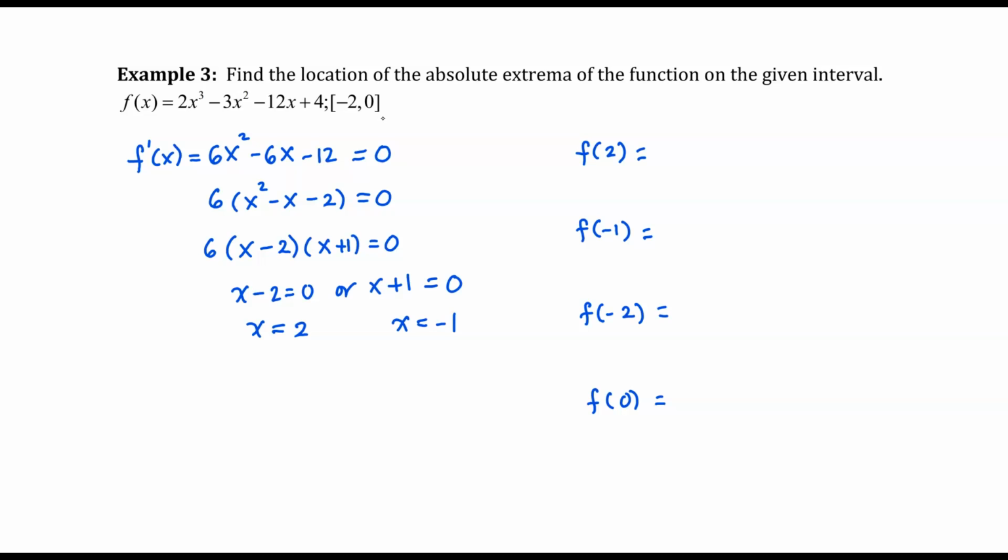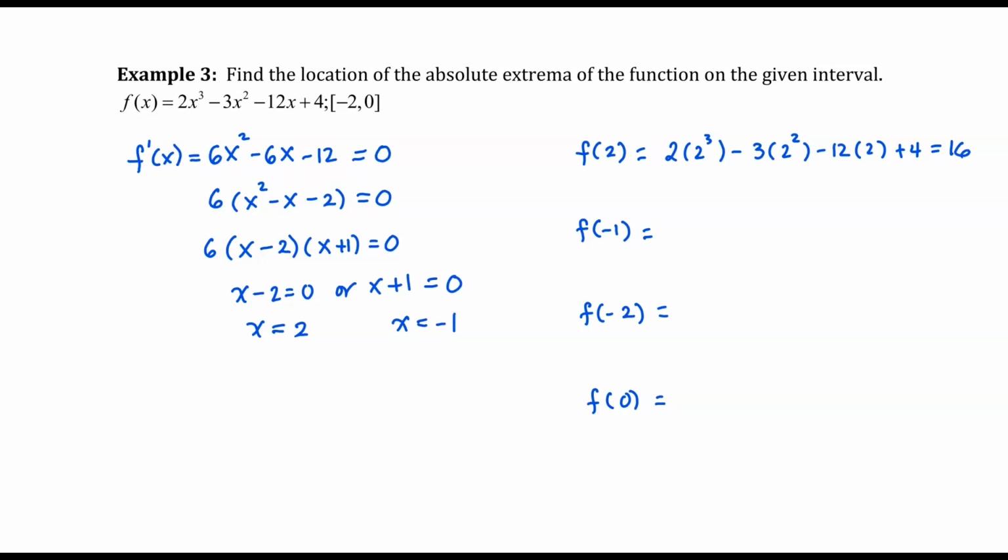So we have 2 times 2 cubed minus 3 times 2 squared minus 12 times 2 plus 4. And then you plug this into your calculator.